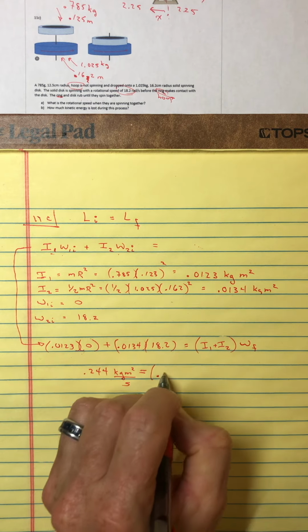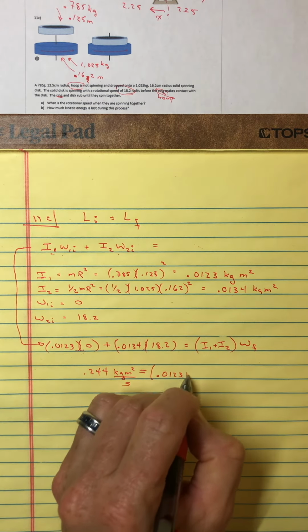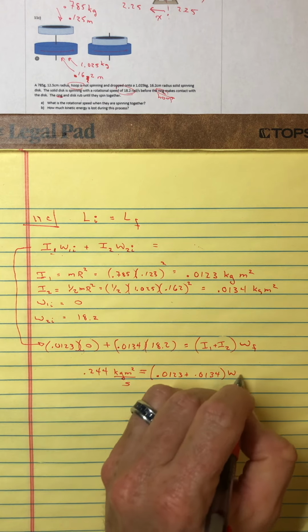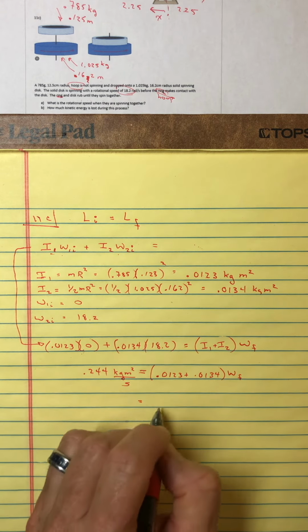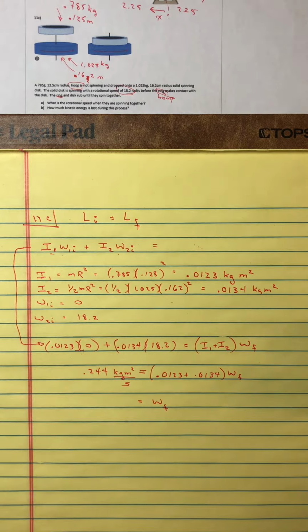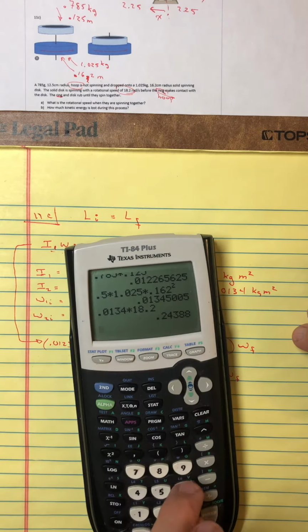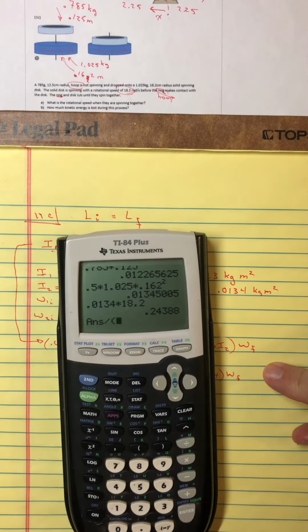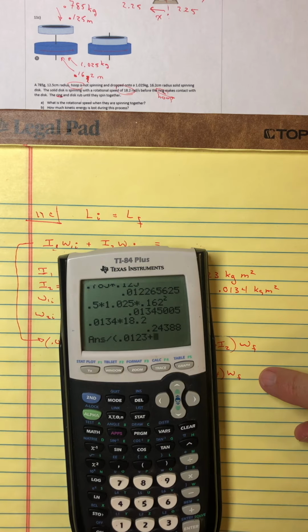So this would be 0.0123 for the first one and 0.0134 for the second one. So I can take this number that's already in my calculator and put the 0.0123 and then add it to the 0.0134, close bracket.